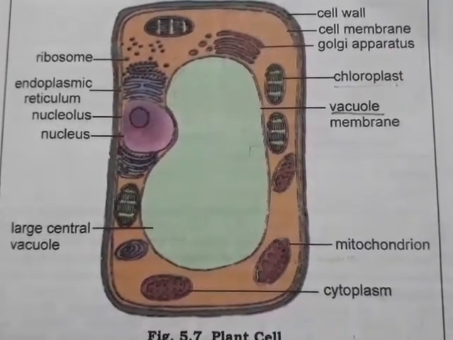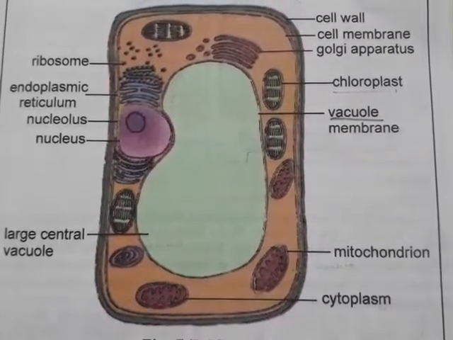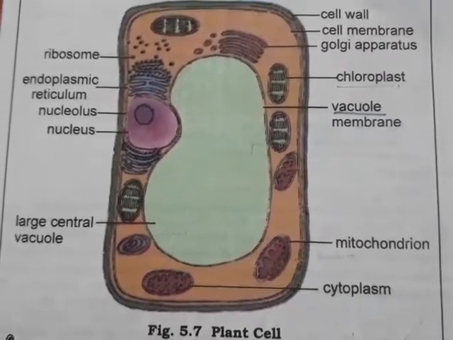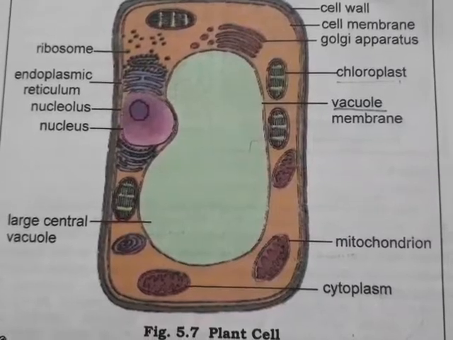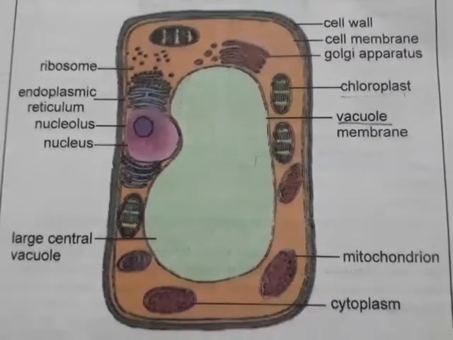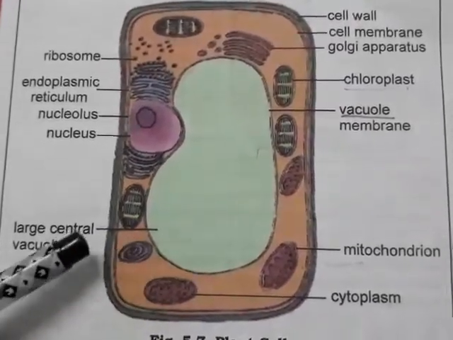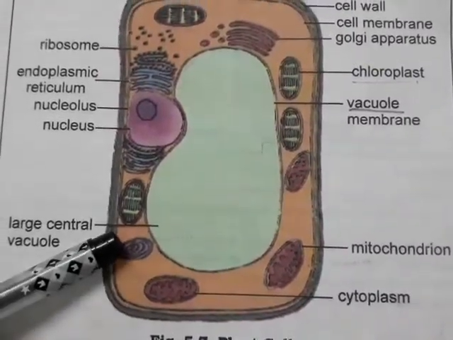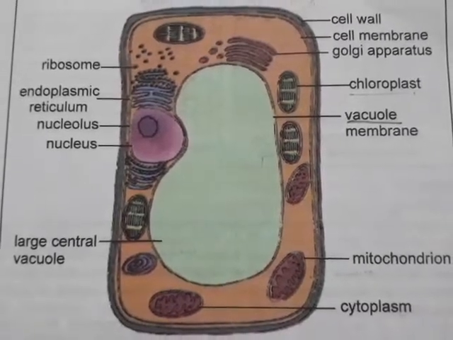Turgidity means the strength of the plant, and rigidity to the cell means it cannot break easily. Many substances of importance in the life of the plant cell are stored in vacuoles. As I said, it is the storeroom. It stores amino acids, sugars, various organic acids and some proteins.